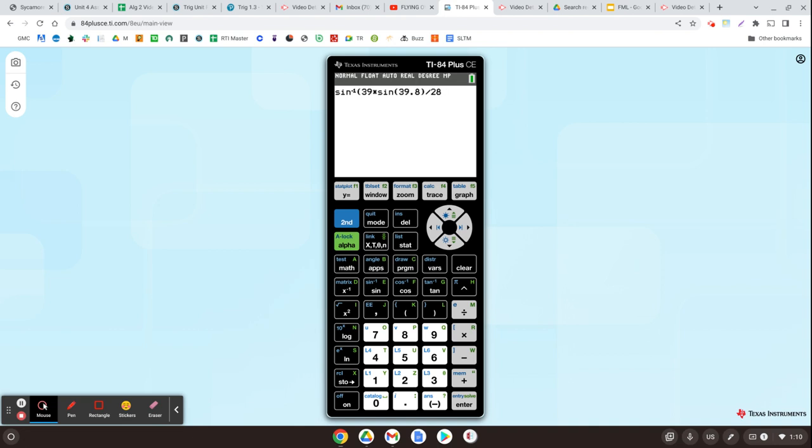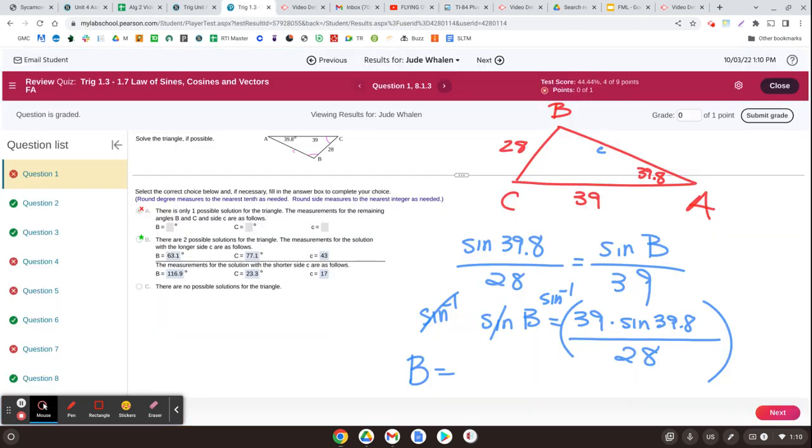And then close my parentheses. That might be a case where I would use alpha y equals enter. But I think I got it. 63 degrees. Okay? So B is 63 degrees. Just switched over to red somehow. That's fine.